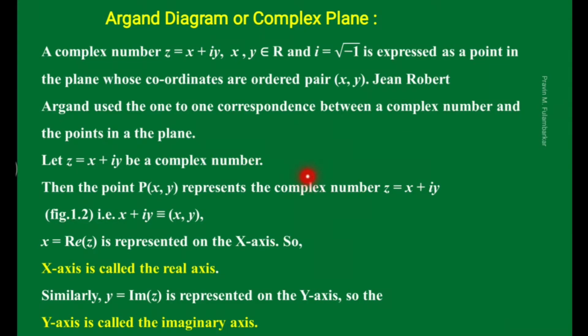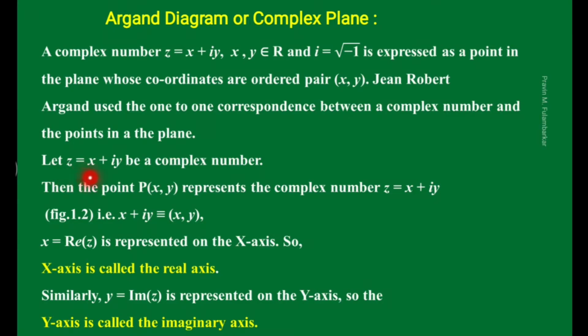That means x coordinate as the real part and y coordinate as the imaginary part. So we call it here one-to-one correspondence.